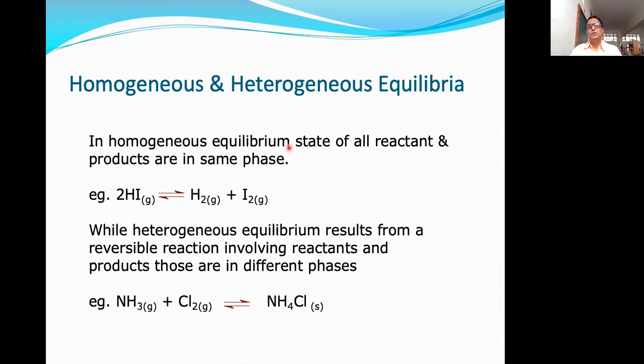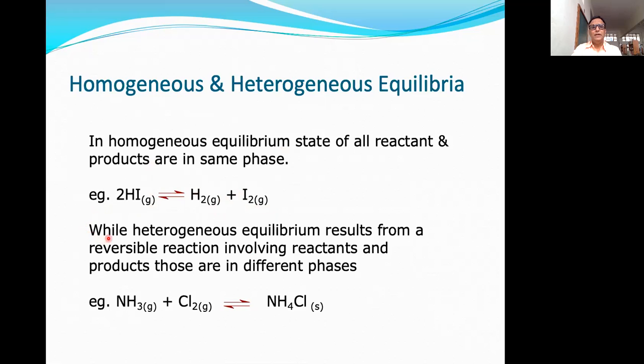Consider this reversible reaction: 2HI gaseous gives H2 gaseous plus I2 gaseous. So this is a homogeneous equilibrium. You can observe here that all the substances are in the gaseous state. It is known as homogeneous equilibrium.